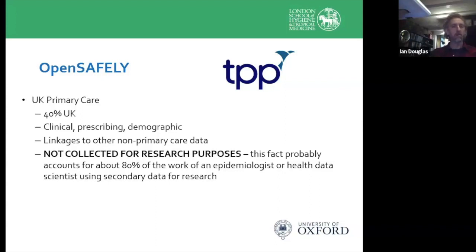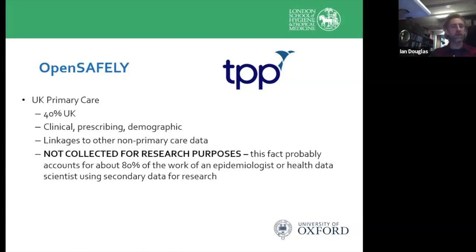What's really important for you to remember is that none of these data are collected primarily for research purposes. So the data are collected for GPs to keep a track of their patients and to keep good records so that they can give them good care.